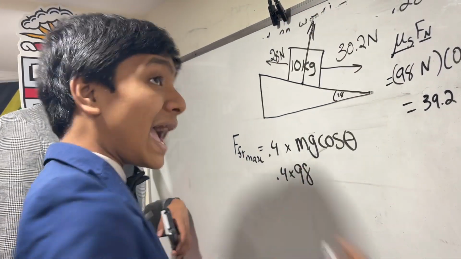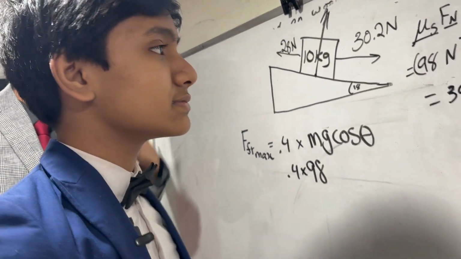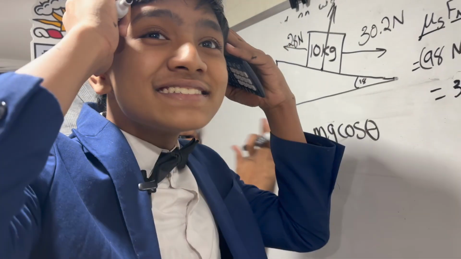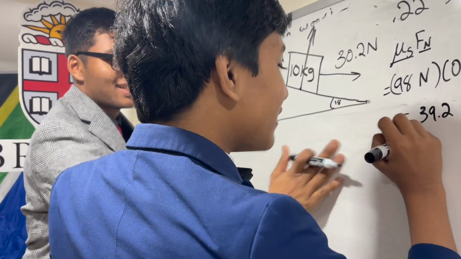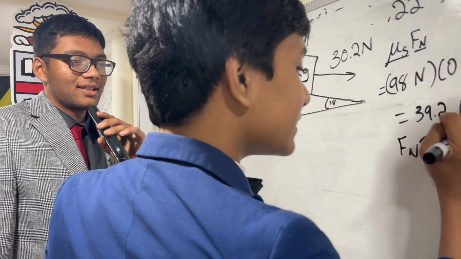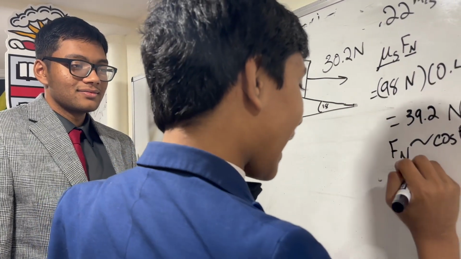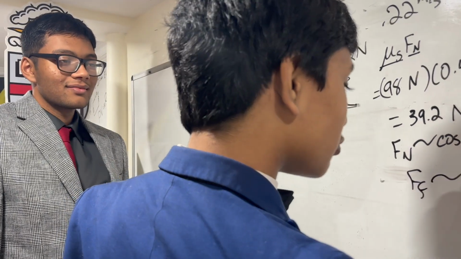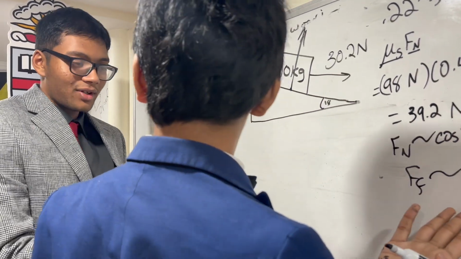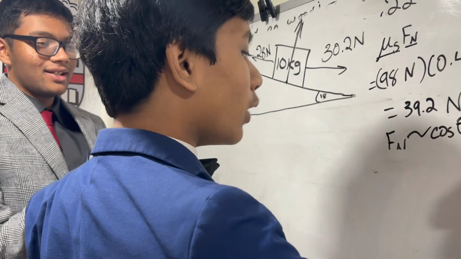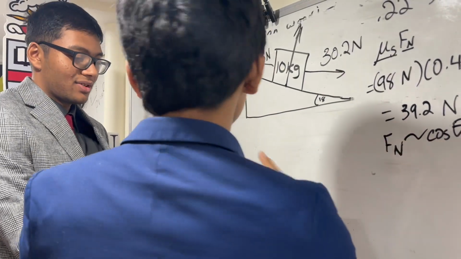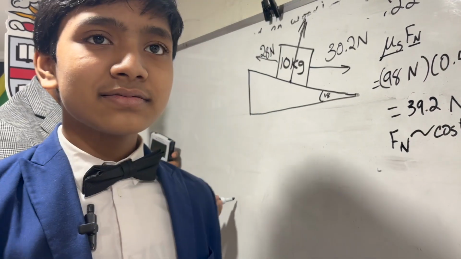That doesn't mean its magnitude is dependent. If Fn was proportional to cosine theta, that would make Ff proportional to cosine squared theta. Okay, let me explain. Just look at my explanation.